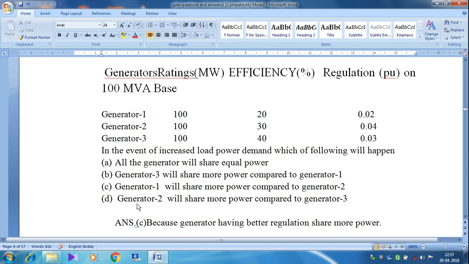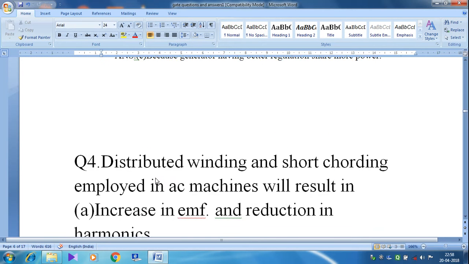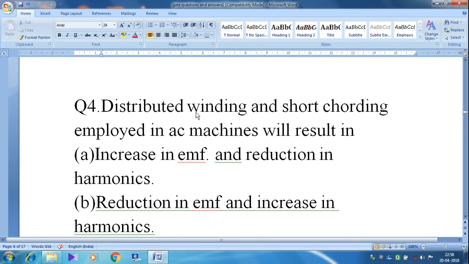Therefore, the answer is generator 1 will share more power compared to generator 2 because generator 1 का रेगुलेशन अच्छा है मतलब सबसे कम है. उसका फ्लक्चुएशन सबसे कम होता है इसलिए it will share more power.